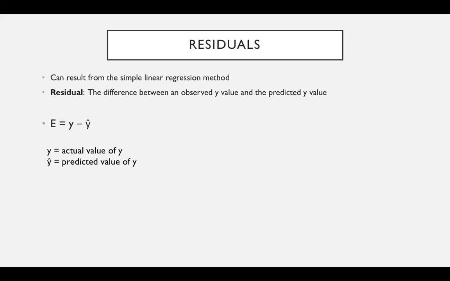So when you're finding the residual, you're typically given the observed value of x, and you will plug that into your equation to find the actual value of y. And you can also predict the value of y.